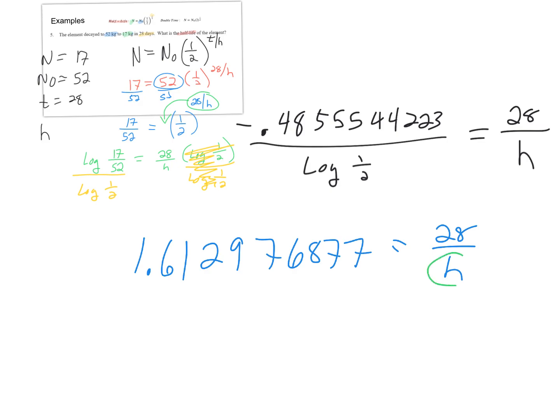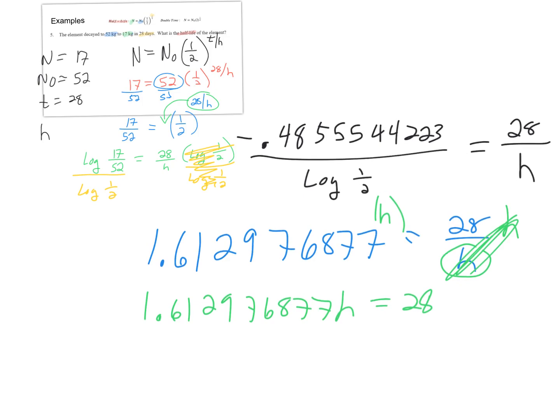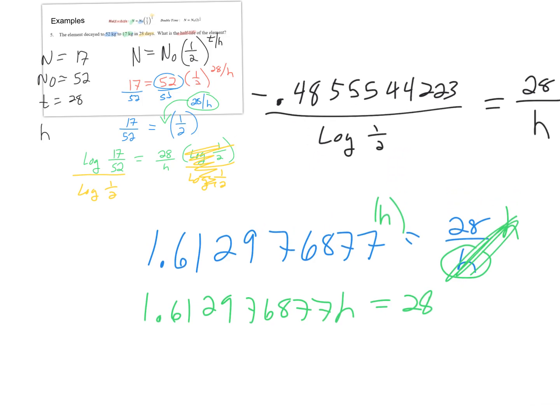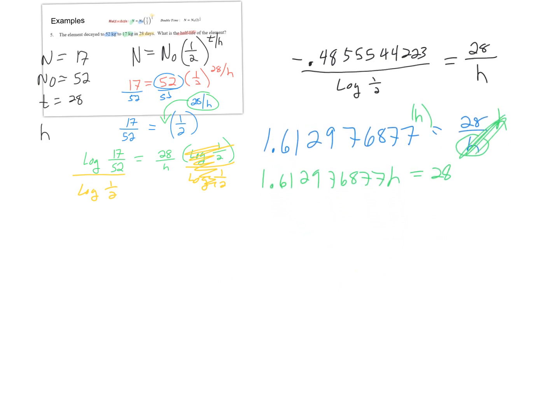Now let's get the H out of the denominator, so it's times by H. So I get 1.612976877H equaling 28.